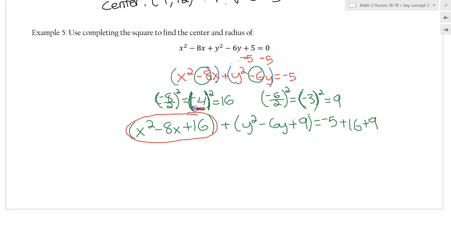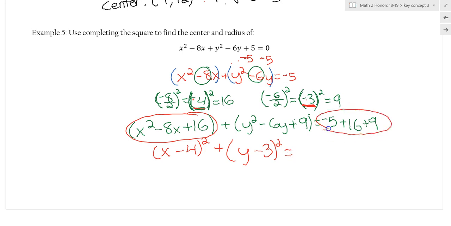X minus 4, because this is negative. That's the other part a lot of us were struggling with today in class, with our positives and negatives. So that's x minus 4 squared plus y, coming from right here, -3 squared equals, I'm going to combine all of this. -5 plus 16 is 11, plus 9 is 20.